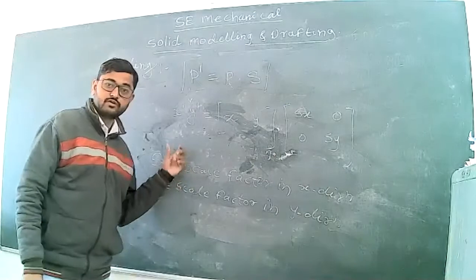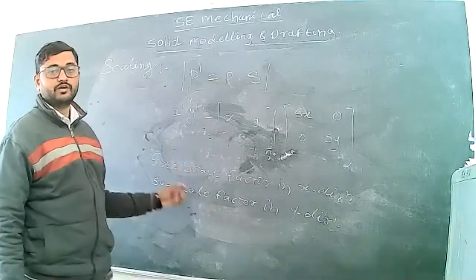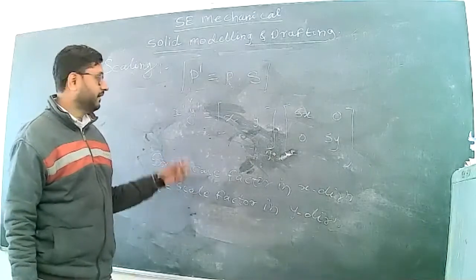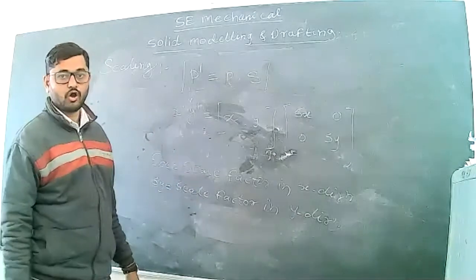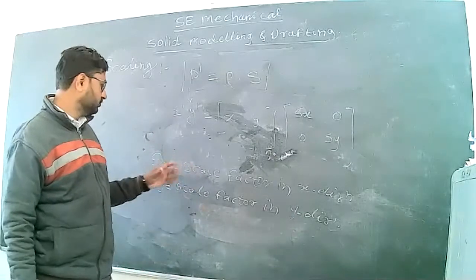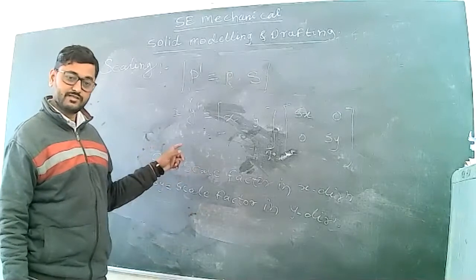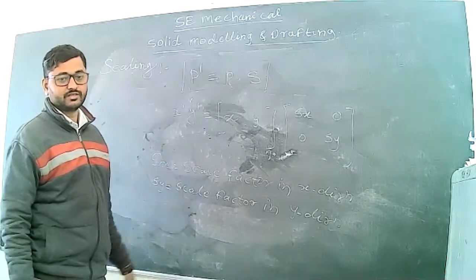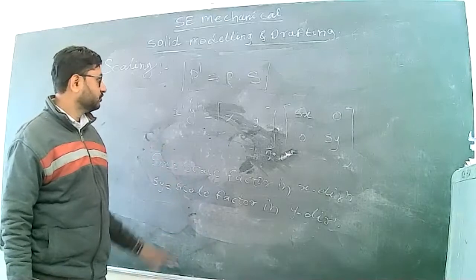And students, when the values of Sx and Sy are greater than 1, it increases the size of the object, and when the values of Sx and Sy are less than 1, it decreases the size of the object.